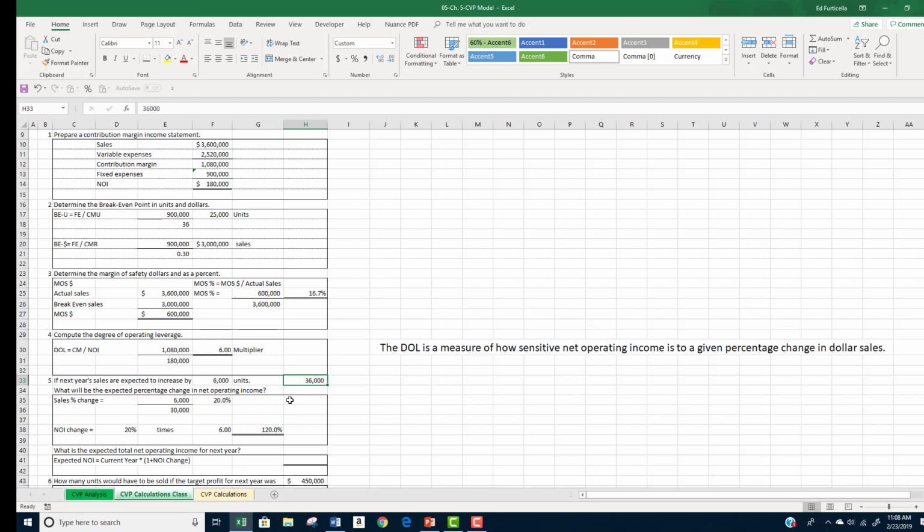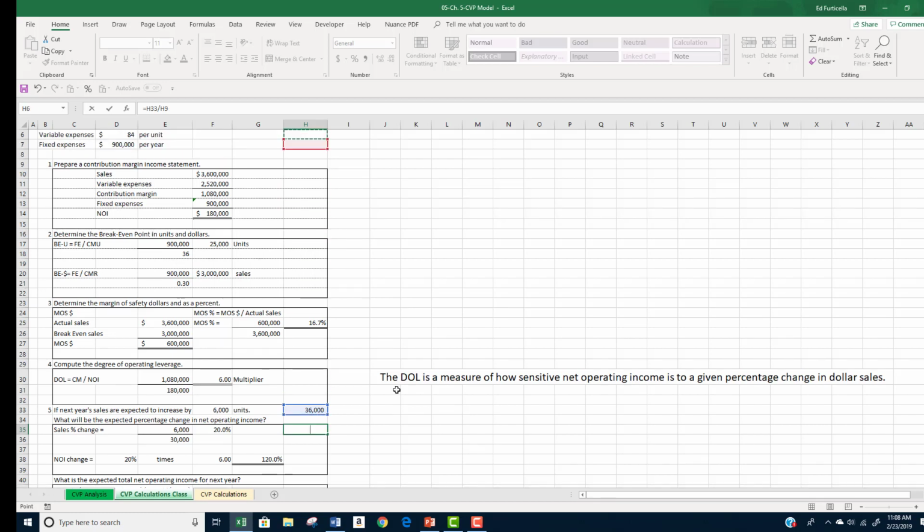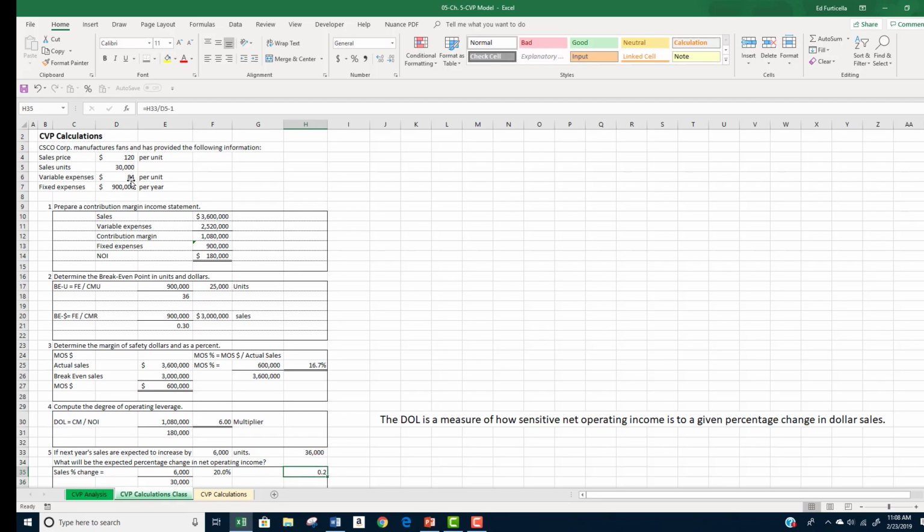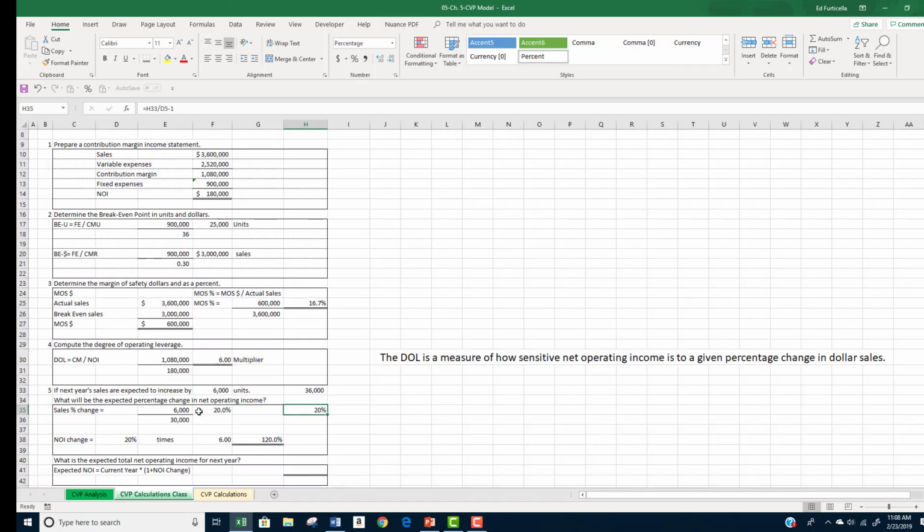So what we do in this case is we take the 36,000, that's the current projection, we divide it by the prior period, that's the 30,000, and we subtract 1. And what do we get? We get exactly the same answer, 20%, because an increase of 6,000 units to 36,000 is a 20% change. An increase to 36,000 units instead of 30,000 is a 20% change as well. So you need to know this percent stuff both ways.